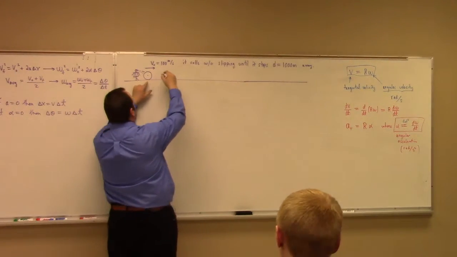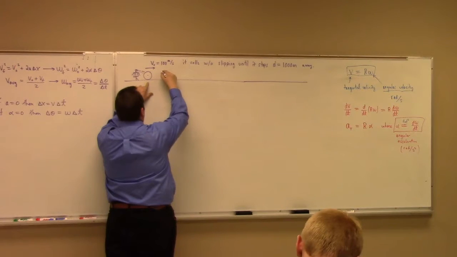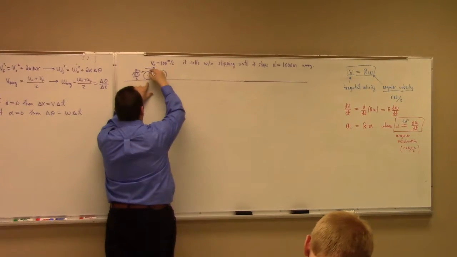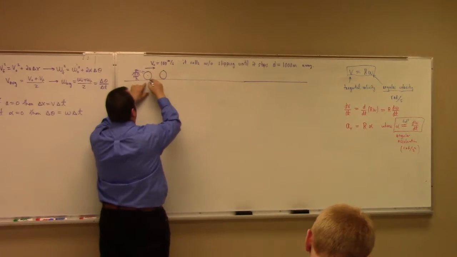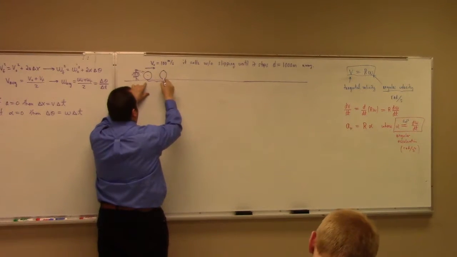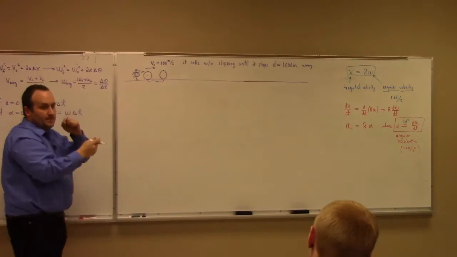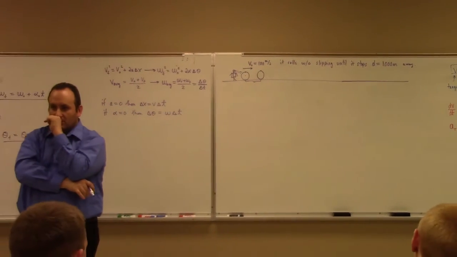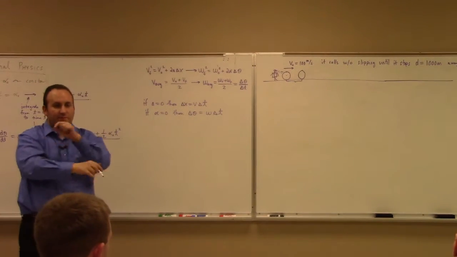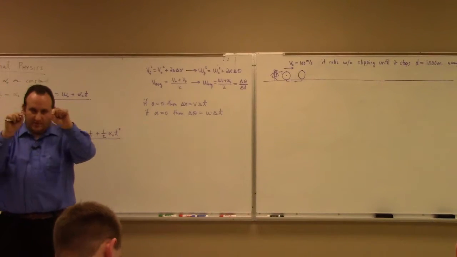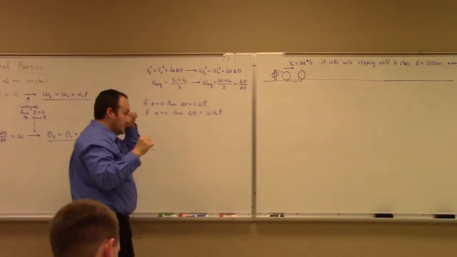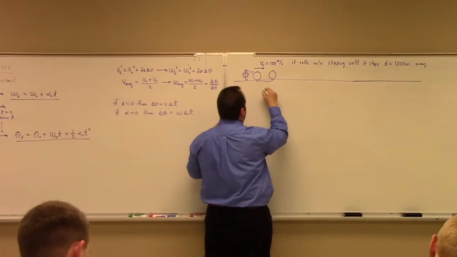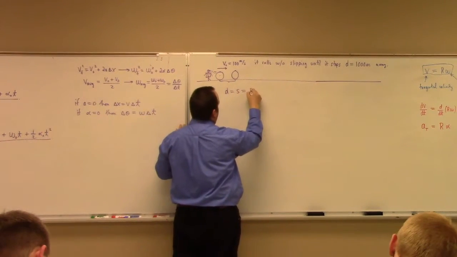So as the wheel rolls, suppose it rolls through one complete cycle to go from here to here. How far is that? It's the circumference, right? If it rolls without slipping, the distance it goes along the plane is the arc length along the wheel. In other words, the distance s is equal to r theta.